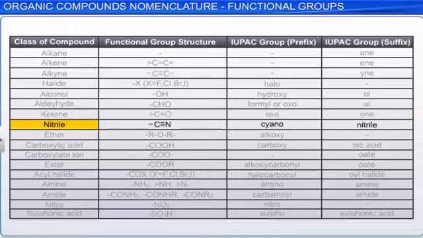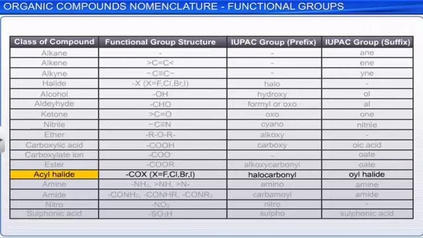The nitrile group prefix is cyano and the suffix is nitrile. The ether group prefix is alkoxy. The carboxylic acid group prefix is carboxy and the suffix is oic acid. The carboxylate ion group suffix is -ate. The ester group prefix is alkoxycarbonyl and the suffix is -oate.